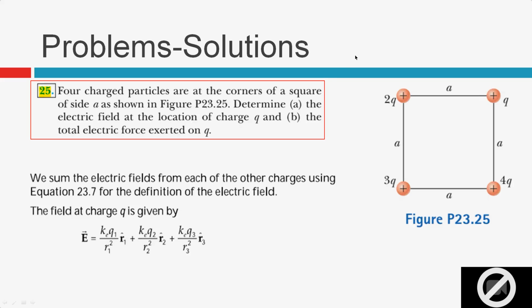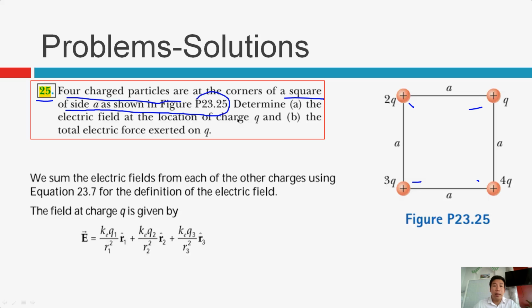Okay, the problem 25. We have 4 charged particles here, 1, 2, 3, 4, at the corners of a square with side A, shown in this figure.